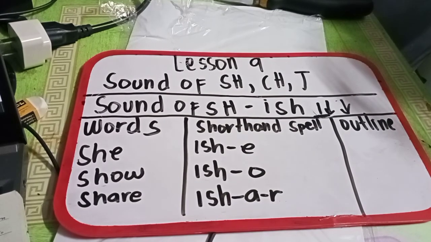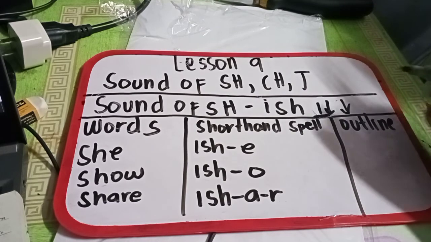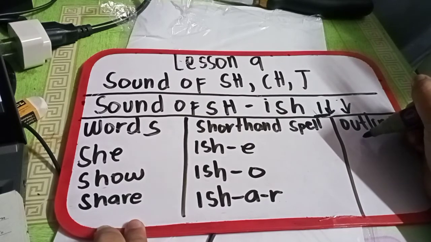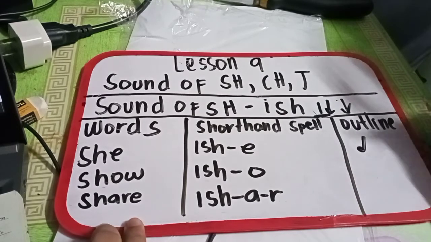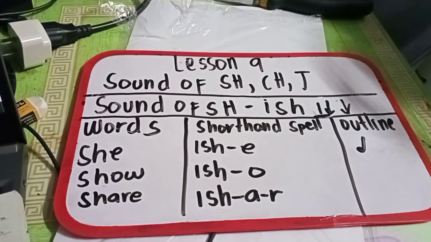The first example of sound of ish is she. The shorthand spelling is ish hyphen e. The outline of this she is ish e. Then the second example is show. The shorthand spelling is ish hyphen o.